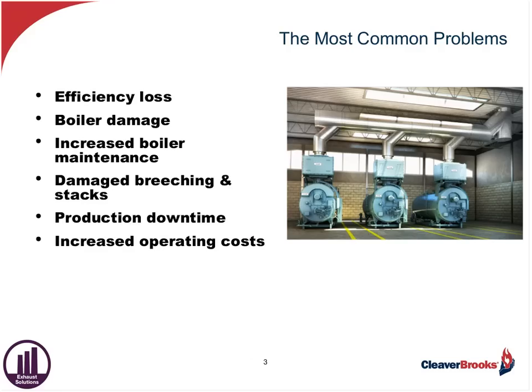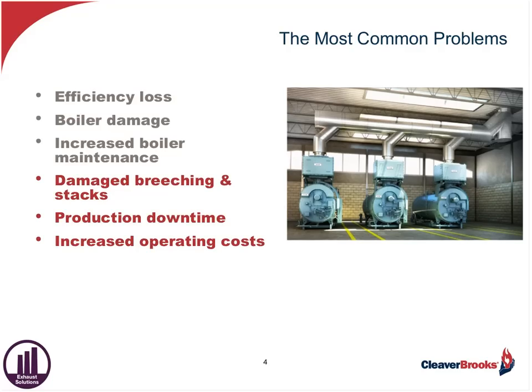And it's because we're not taking certain things into consideration when we are laying this breeching and stack system out. So if we take a look at the first three, efficiency loss, boiler damage, and increased boiler maintenance, let's just concentrate on those first.